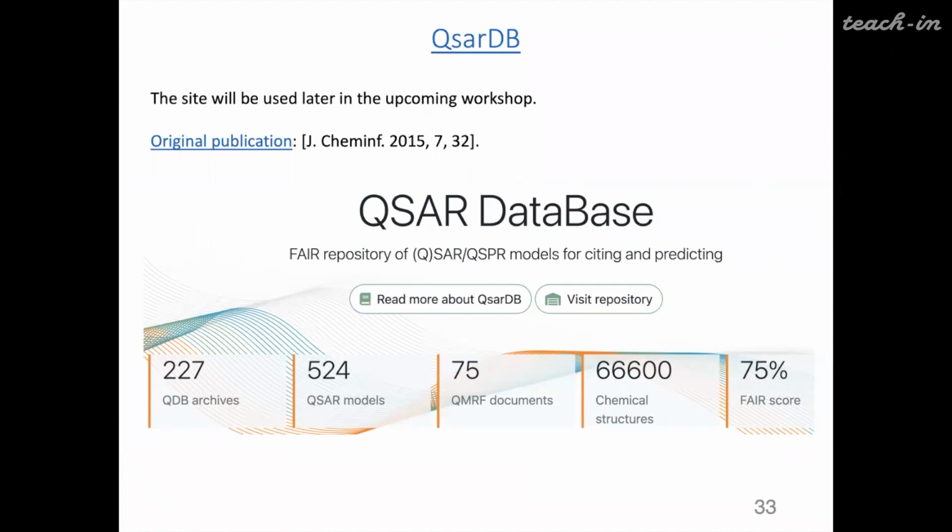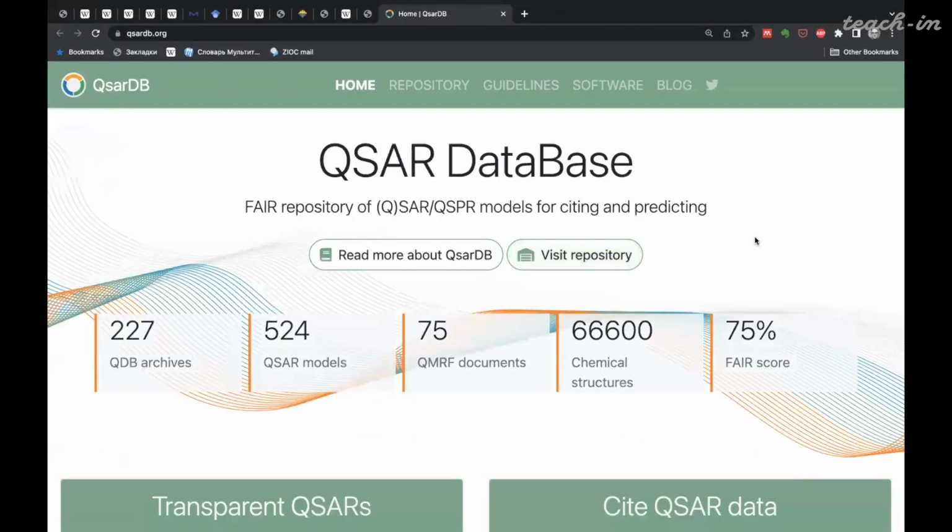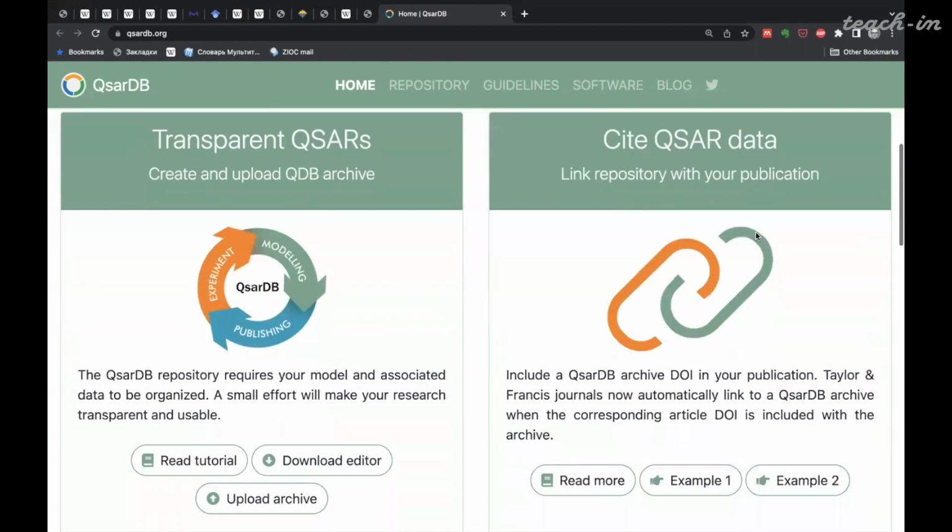So before finishing this lecture, I would like to mention a couple of online resources that can be really helpful. First of all, I should mention the QSAR DB. It's a site in which datasets and QSAR models are deposited.